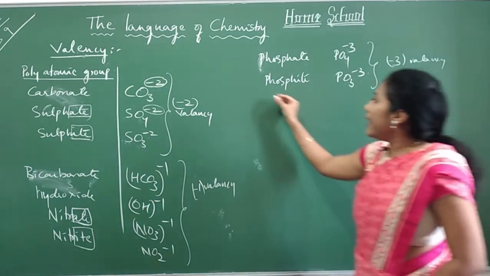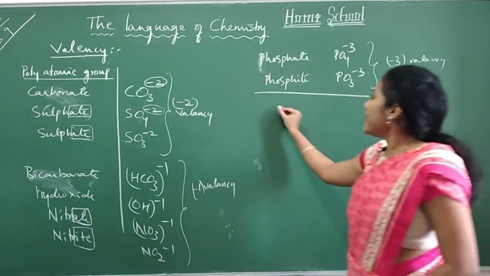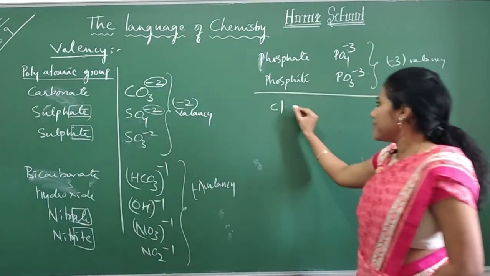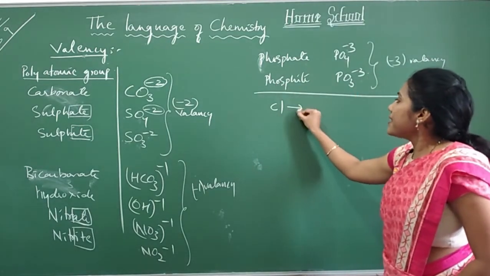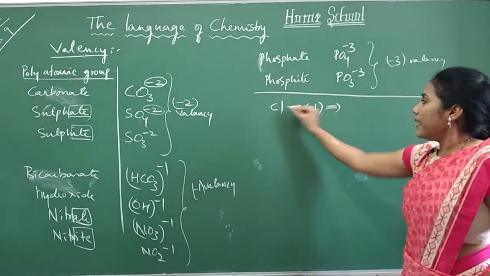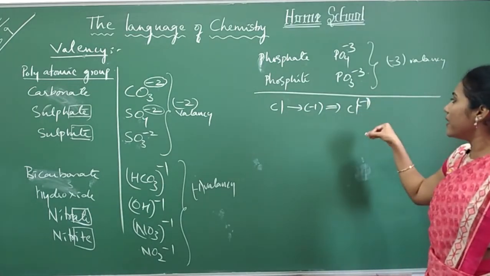Now coming to, say for example, valency of Cl. Cl valency is how much? Minus 1, isn't it? So join them and you will write it as Cl minus 1, right?